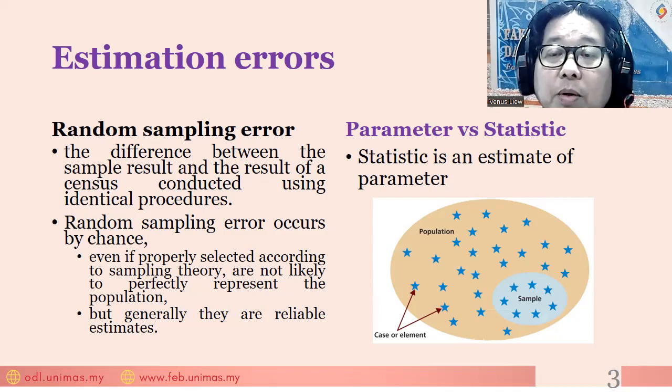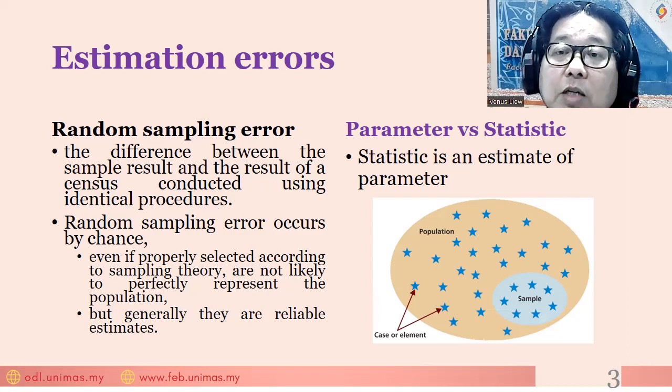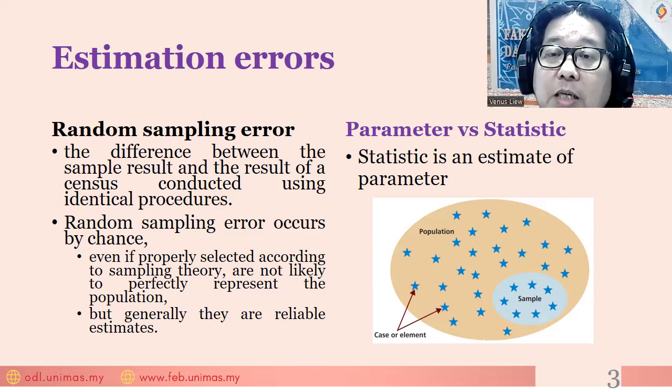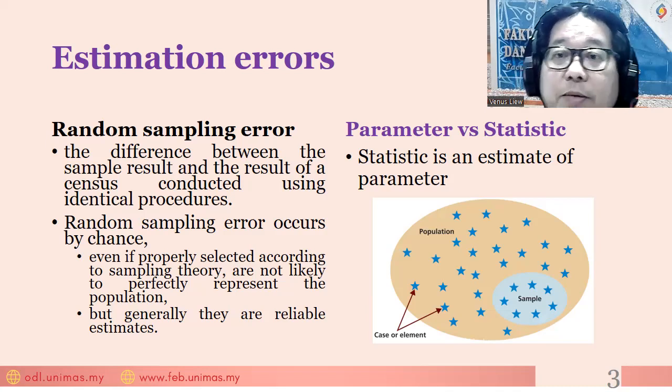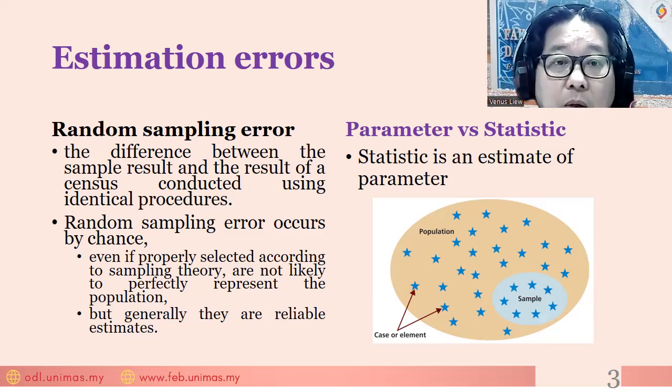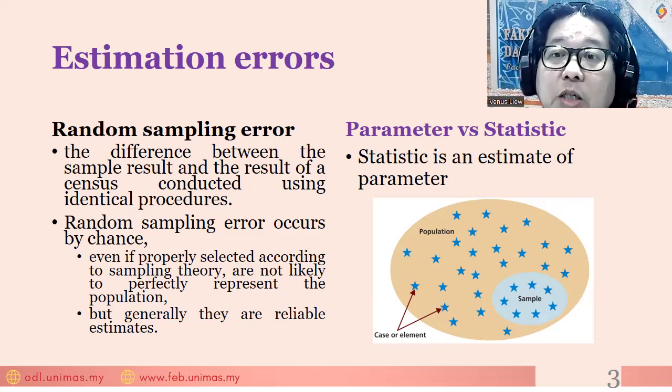For example, we have sample one, the estimation is $4,500. Sample two, the estimation is $5,200. So it will not be close to 5,000, the exact true value that we wish to establish. Although it happens so, the estimation is still a reliable estimate.